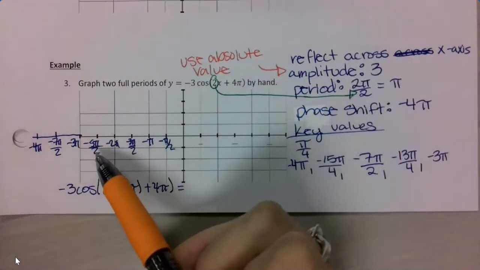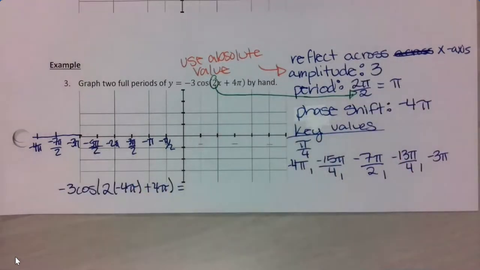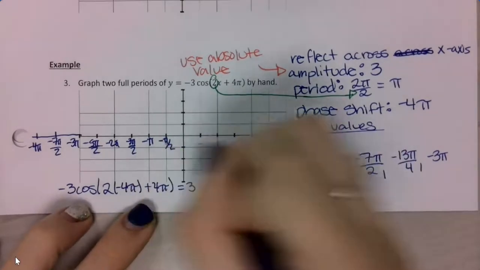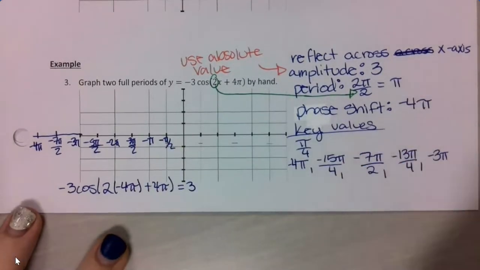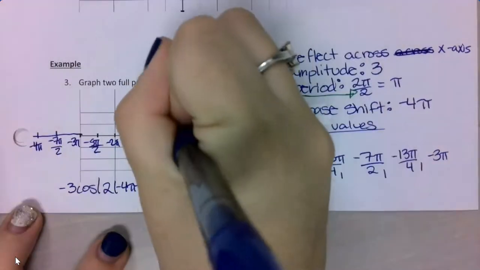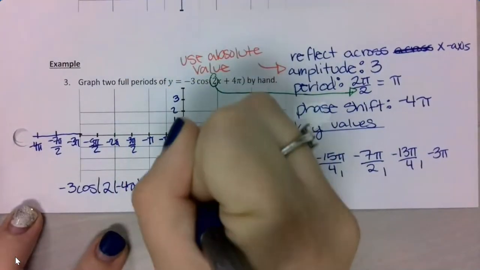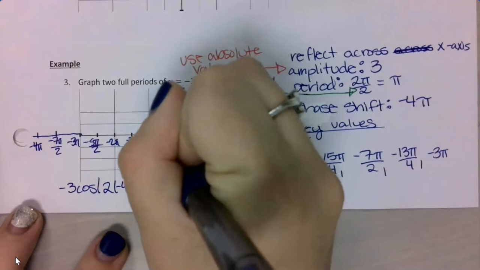Negative 5 pi halves. Positive 3. Okay, so that was this one. Oh, I forgot to label my y-axis. Negative 3? Okay.